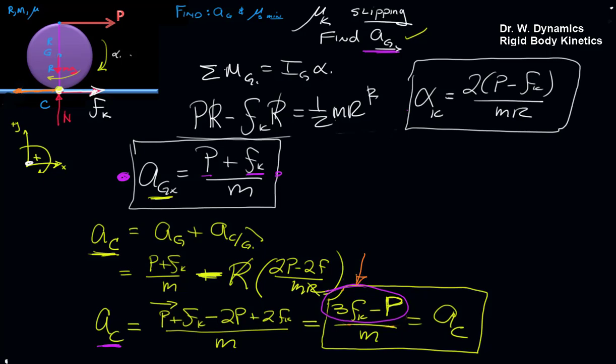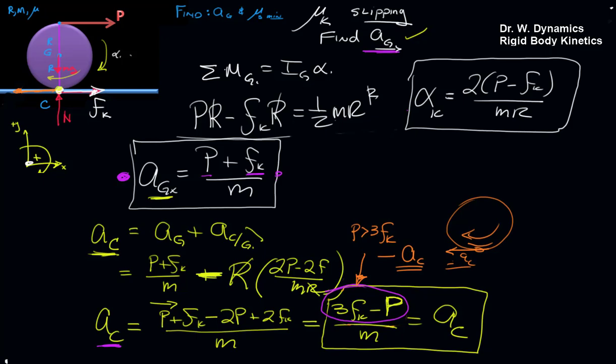Also note that here, for P greater than 3Fk, we get a negative a sub c, which is what we'd expect, actually. If our wheel's spinning and slipping, we'd expect a sub c to have a negative direction associated with it.